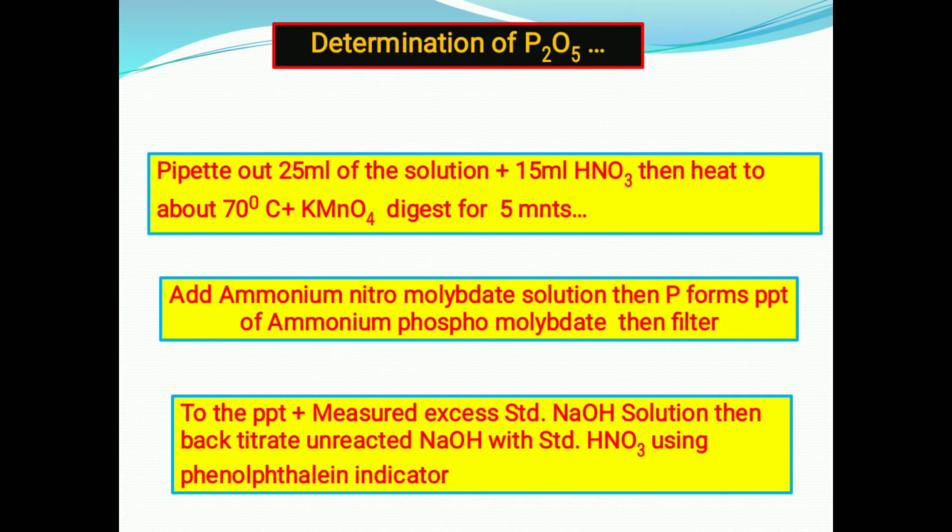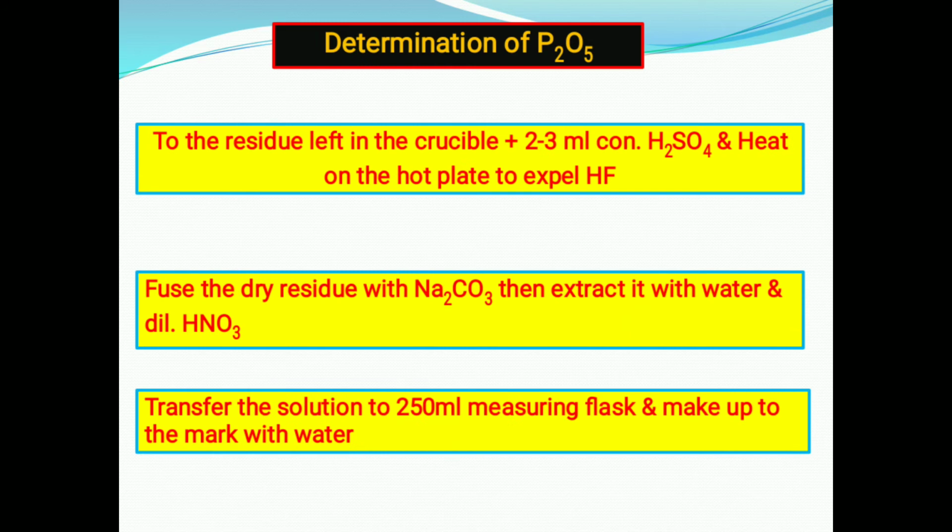Then filter the precipitate. To the precipitate, add a measured excess of standard NaOH solution. Then back titrate the unreacted NaOH with standard HNO3 solution using phenolphthalein indicator. So you can calculate the percentage of P2O5 which is present in the sample. So just recall it.